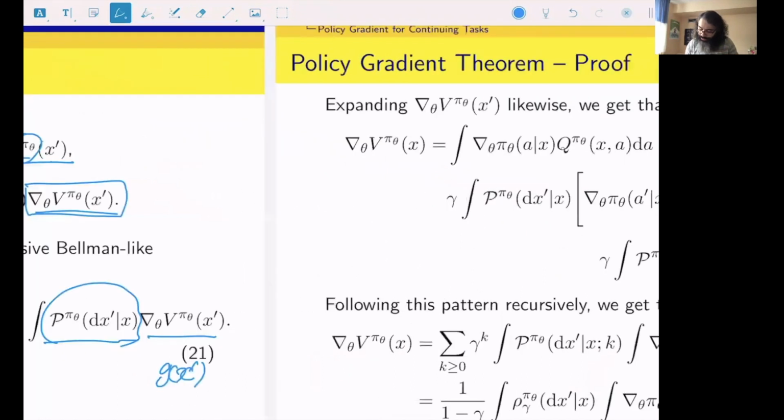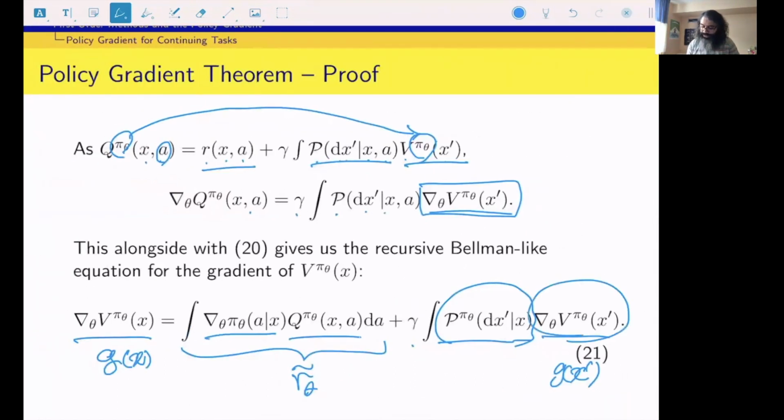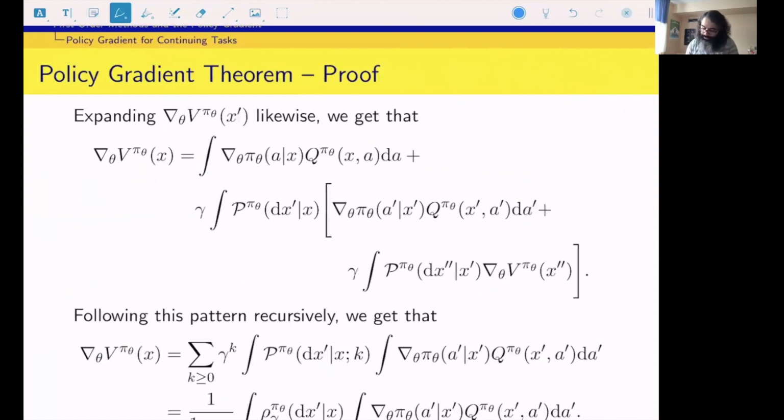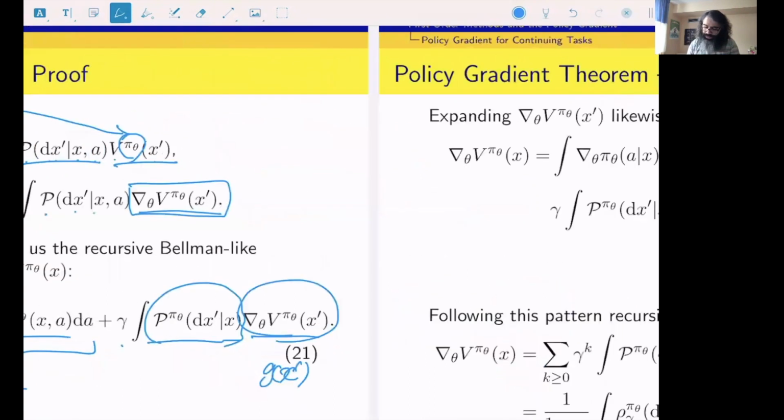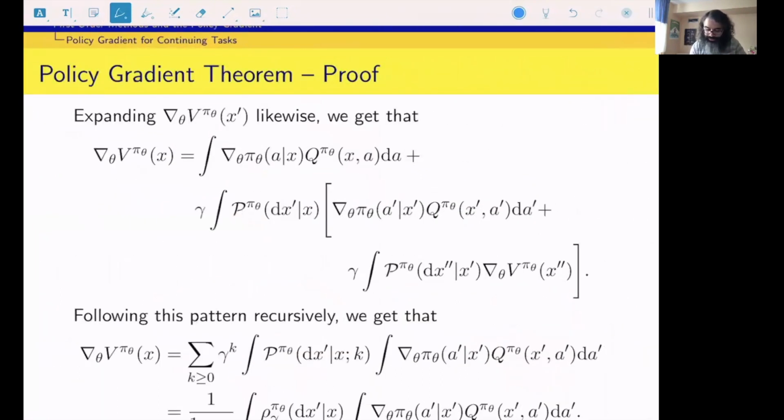Okay, so now we have x prime here. Let's expand it again. So the policy gradient at x would be the first term plus gamma times p of x prime, and expanding it, the gradient of pi at a prime, x prime times q, plus another gamma times p of x double prime conditional on x prime, of the gradient at x double prime.